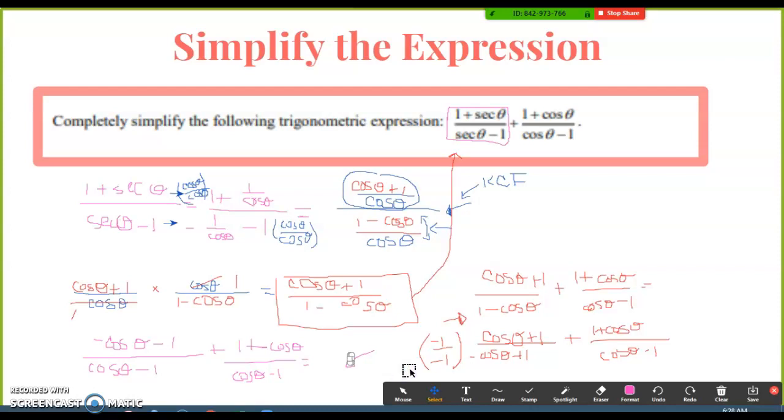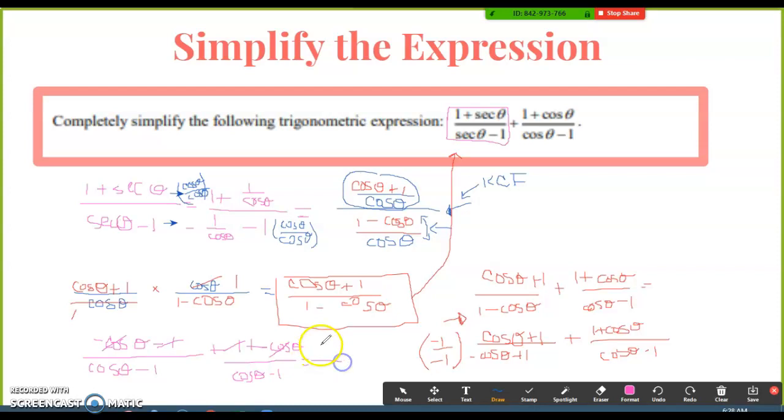Okay, so look at this numerator, guys. The numerator, I have a negative cosine of theta minus 1 plus a 1 plus cosine of theta. I notice that everything in the numerator would just cancel out. The negative cosine of theta plus cosine of theta would be 0. And a negative 1 plus a 1 is going to be 0.